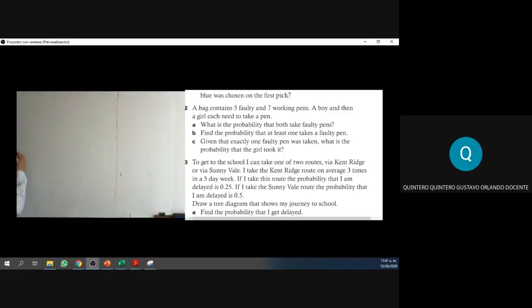We have the first possibility: faulty pen and working pen. Then the second one, we have faulty pen, working pen. Faulty pen and working pen. All right.